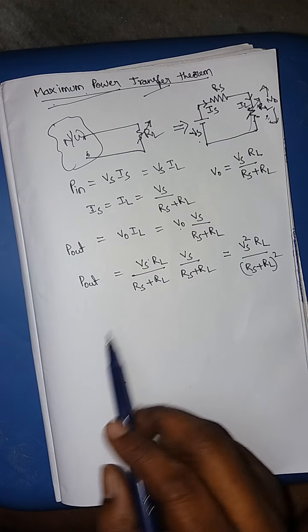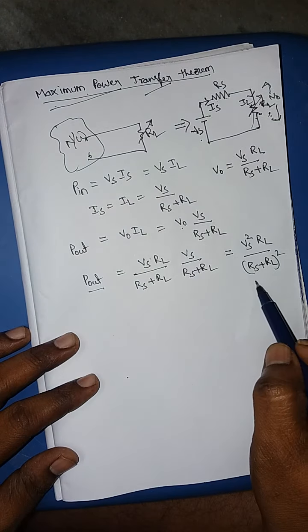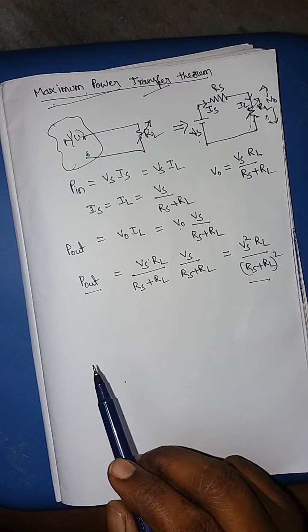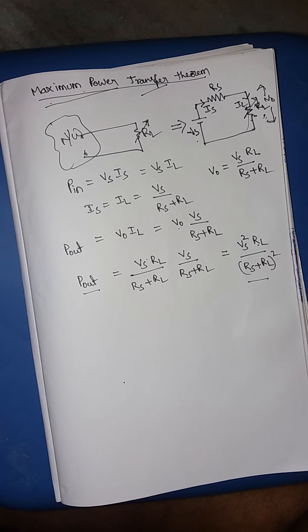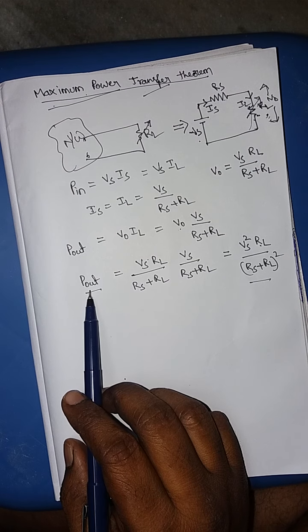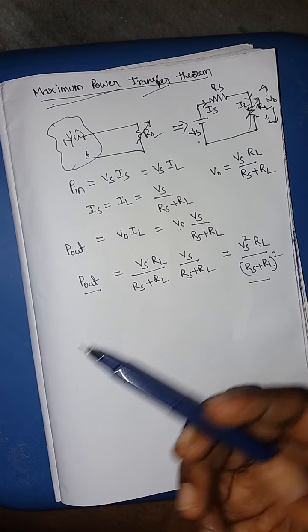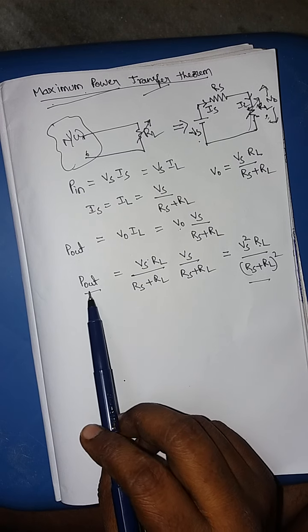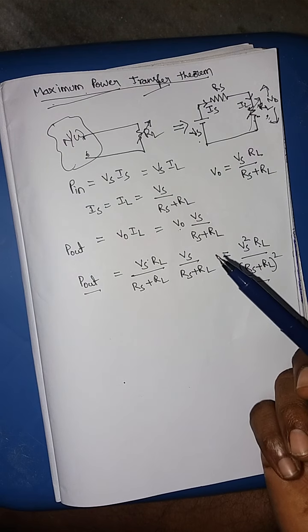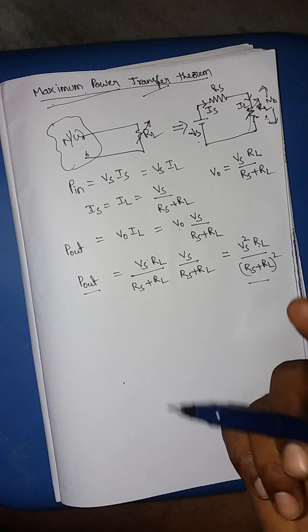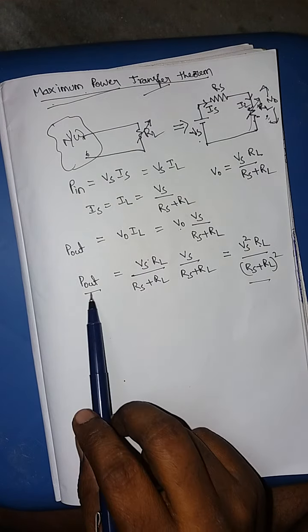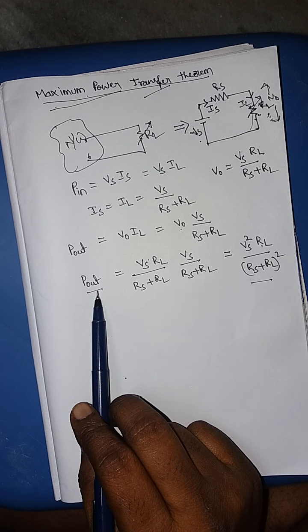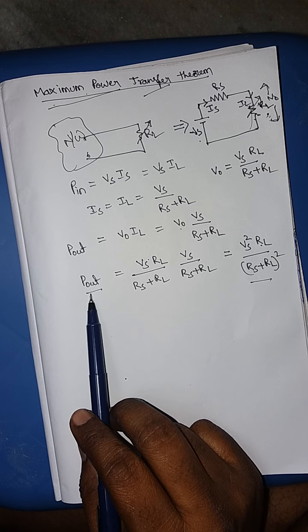In this equation, which is variable? The variable is RL. So when this quantity is maximum, whenever we partially differentiate it with respect to the variable and equate it to 0, we obtain one condition. At that condition only this value is maximum, so the output power is maximum.